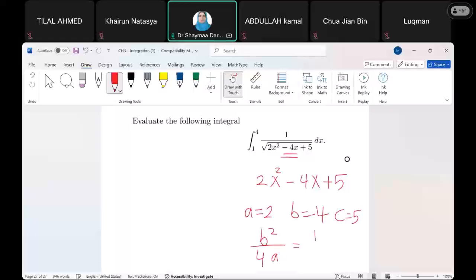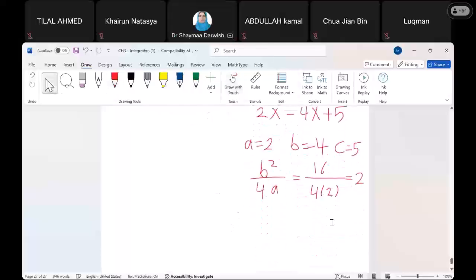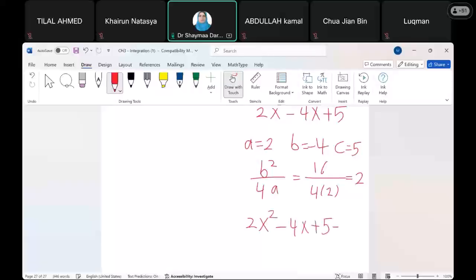Minus 4 squared is 16. 4 times 2 is 8. 16 over 8 is 2. Now add 2 and subtract 2. So 2x squared minus 4x plus 5 plus 2 minus 2.